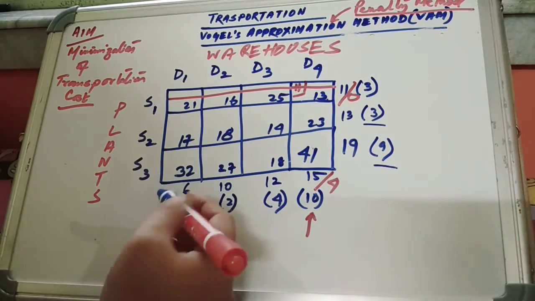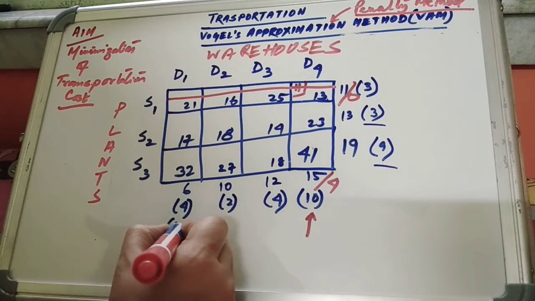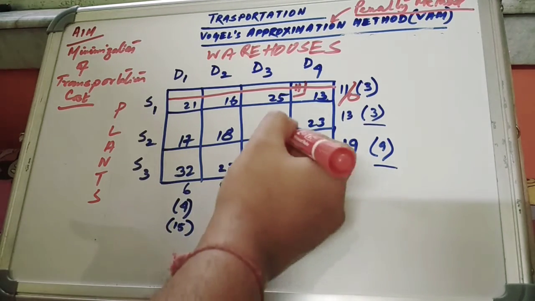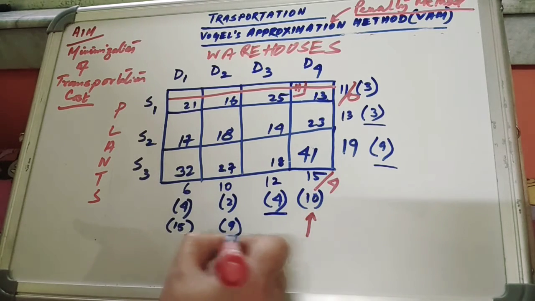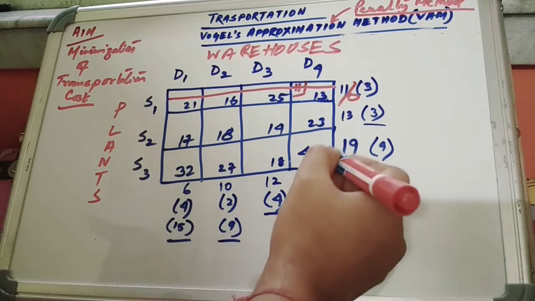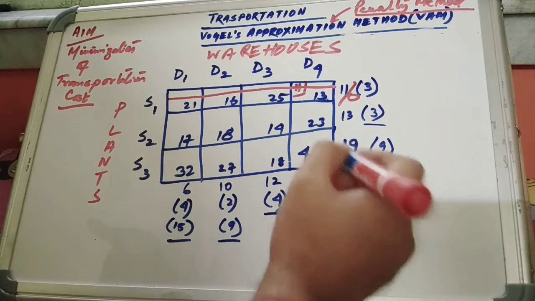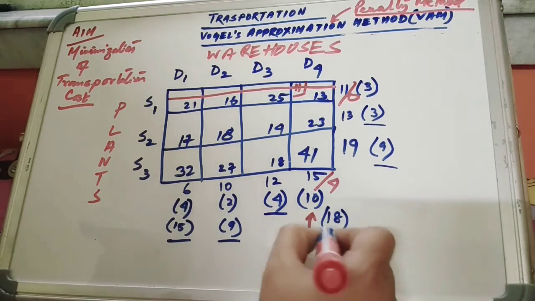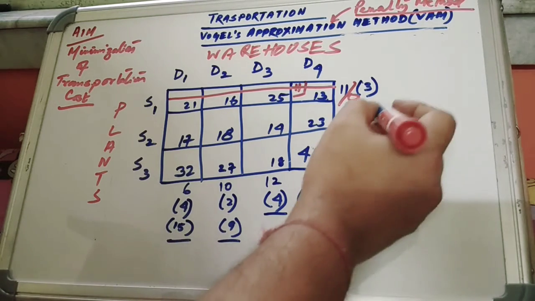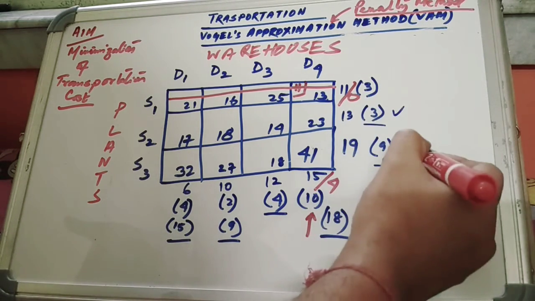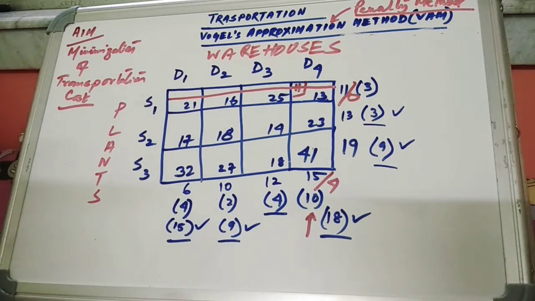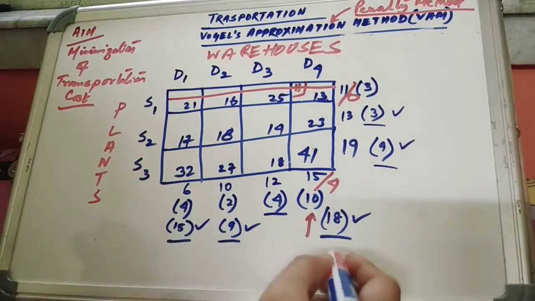Now 17 and 32 gives you 15. 18 and 27 gives you a penalty value of 9. 14 and 8, it is 4 again. This one, 23 and 41, gives you a penalty value of 18. So for this scenario, we have got these penalty values. Now among them, the highest penalty value is 18.